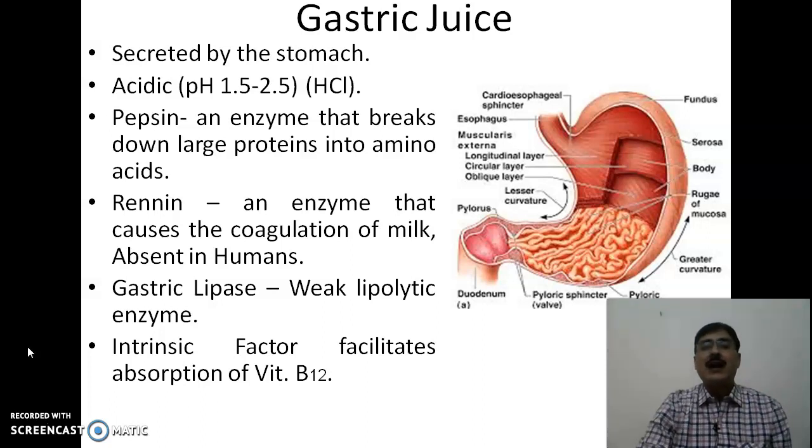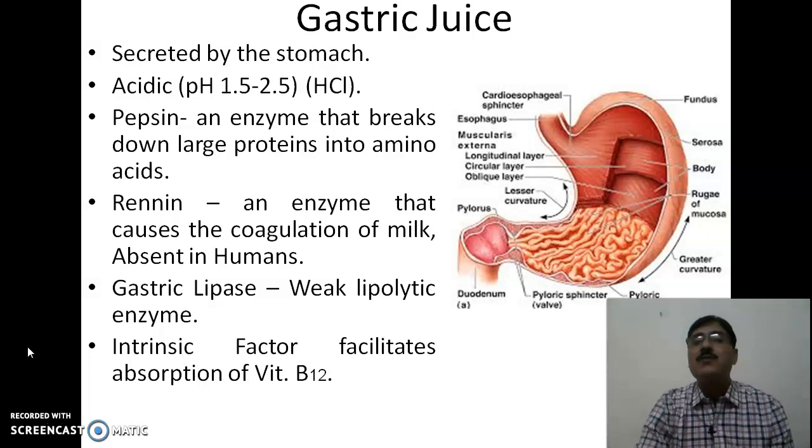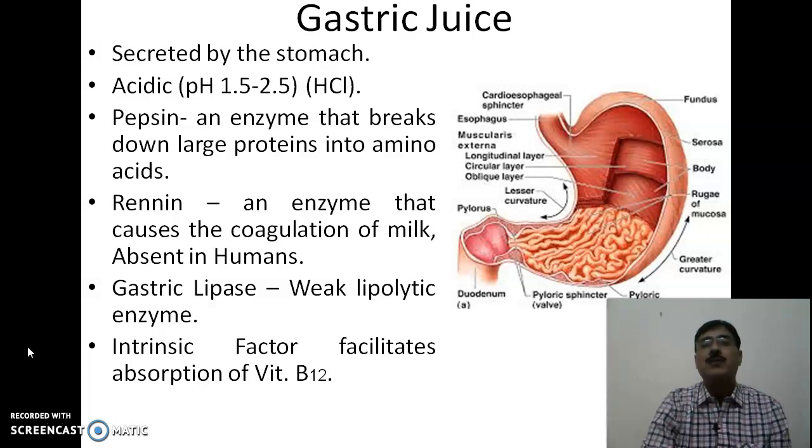Now, if you look at the anatomical part of the stomach, you can easily observe the presence of a cardioesophageal sphincter which prevents the backflow of the food material from the stomach to the esophagus. Then it has the fundus part, the main body portion, and then the pyloric part.